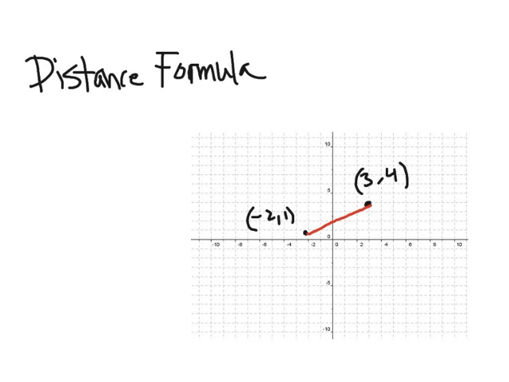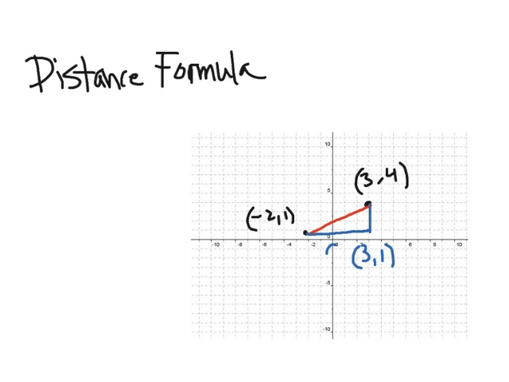Well, there's a formula for doing that. And I'm not just going to give you the formula, I'm going to show you where the formula comes from. Where the formula comes from is you complete the right triangle. And with the right triangle, I'm sure you know the Pythagorean theorem. So this point right here would be the point 3, 1.